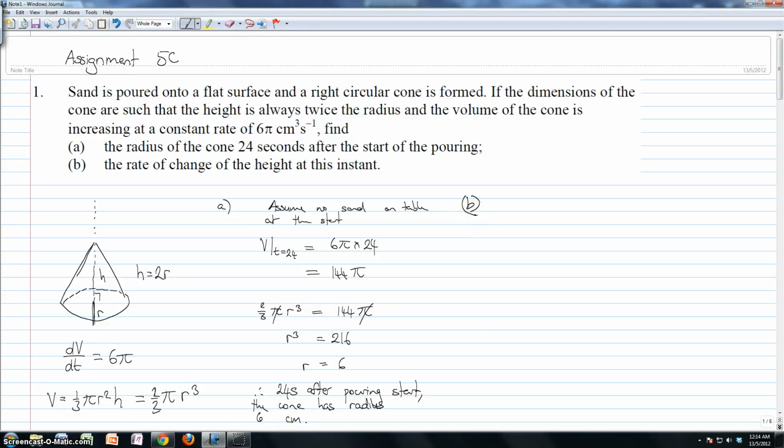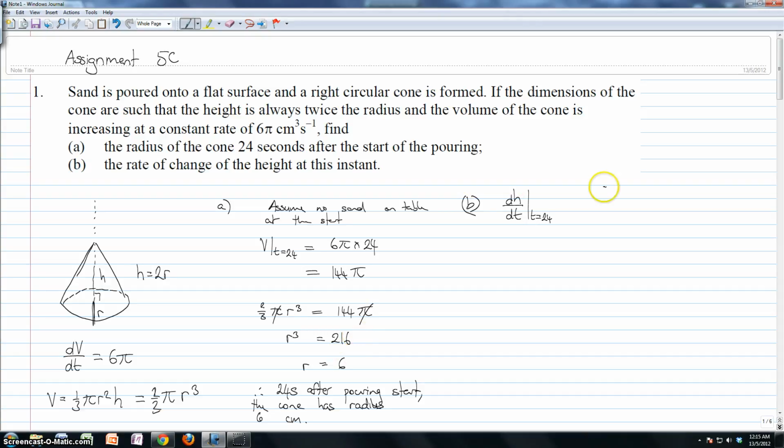So part B wants us to find the rate of change of the height at this instant. So we're asked to find dh by dt. Well, this is quite hard to do when time is 24 seconds, or alternatively when the radius is 6, it's the same thing.